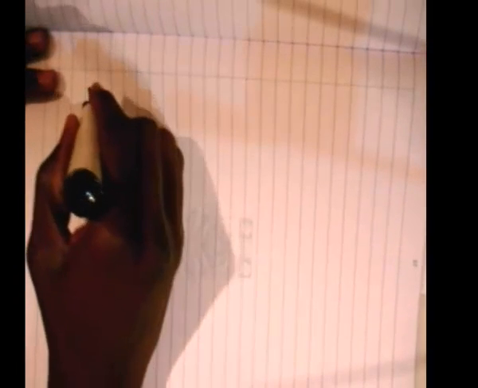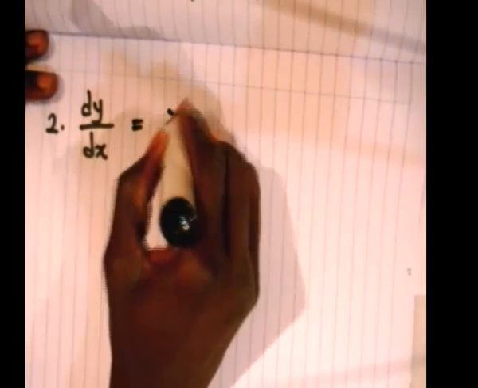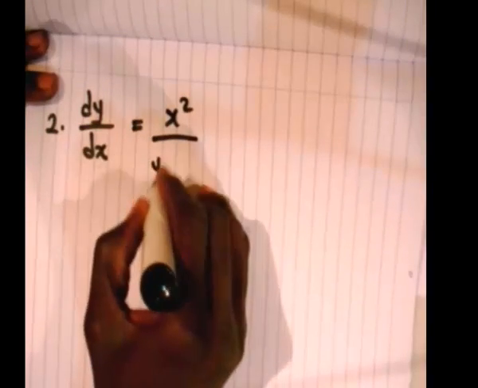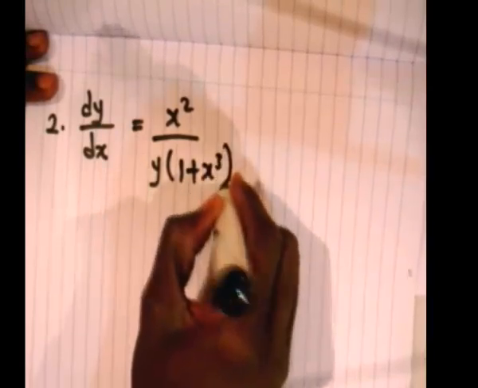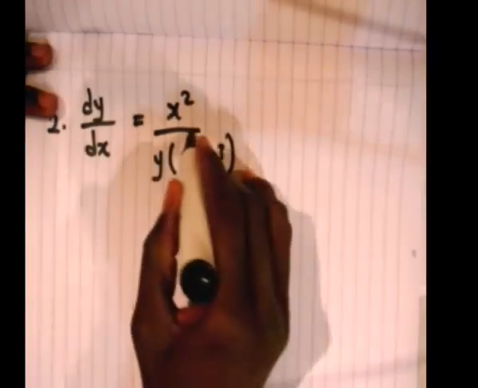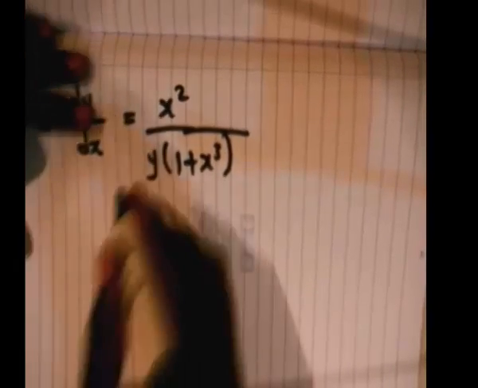Solve the differential equation dy dx equals x squared over y times 1 plus x cubed. We have to solve this. Can you see clearly that it's separable?